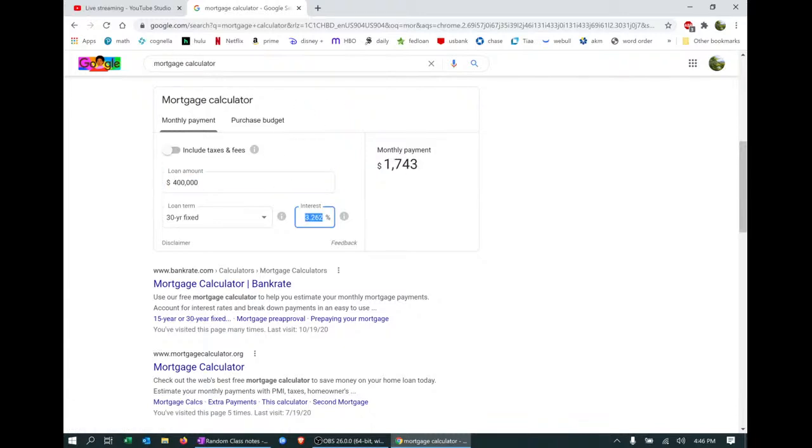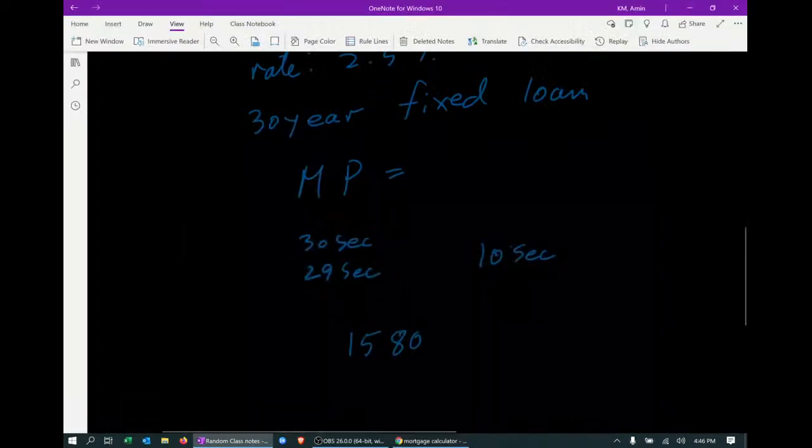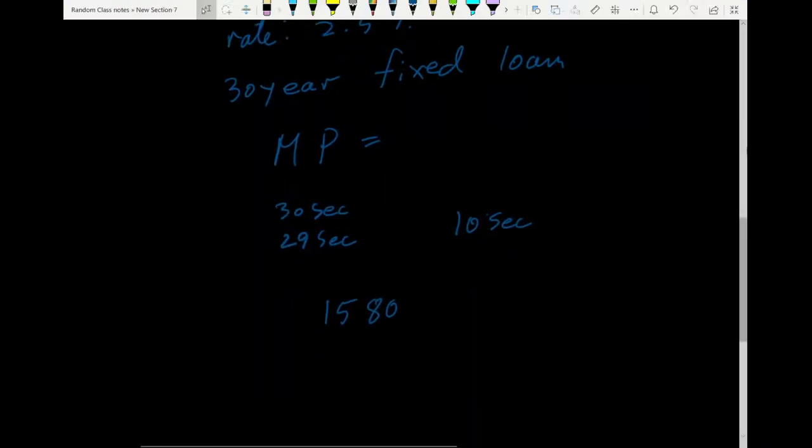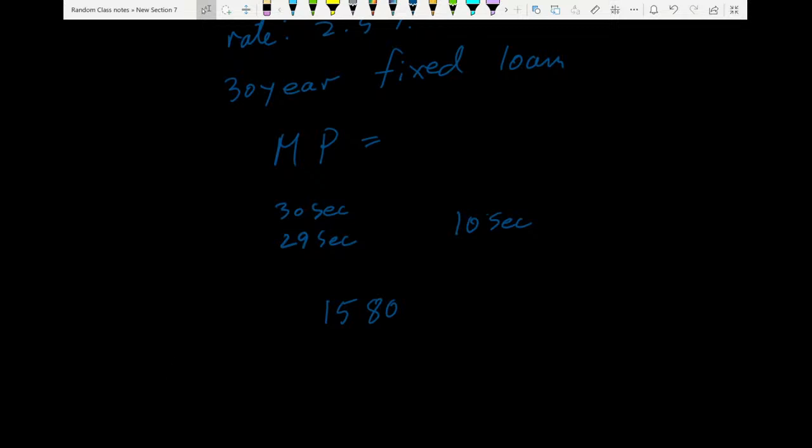400,000. Interest rate is 2.5. Boom. Right there. That's the answer. Okay. Let me see. One of you so far just typed in your name. I need the 6 other people.